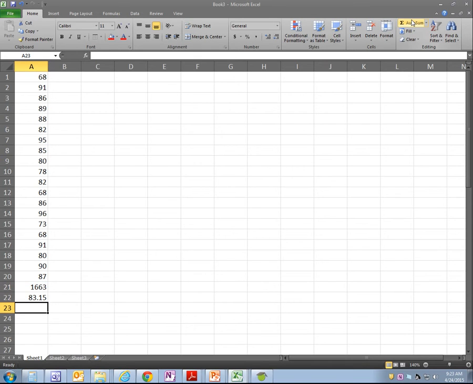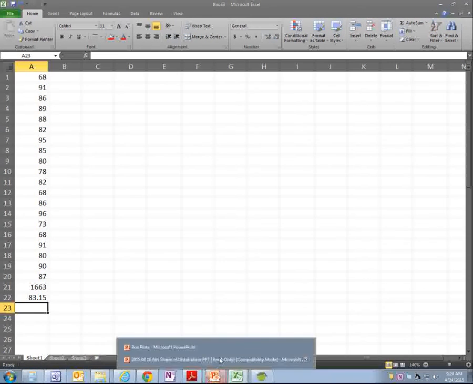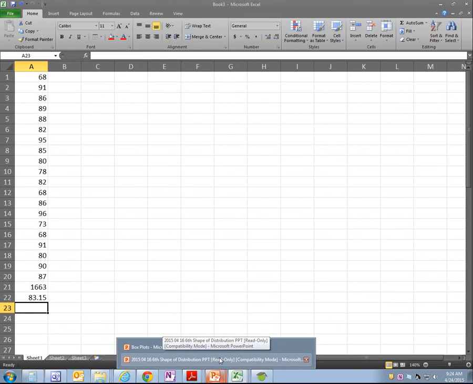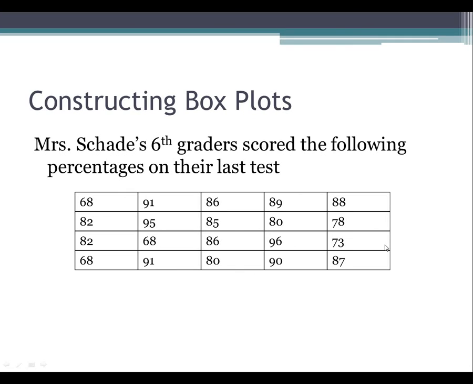So we have our median, or sorry, our mean as 83.15. 83.15 is the median. So you can just do 83. Sorry, not the median. Darn. Mean.